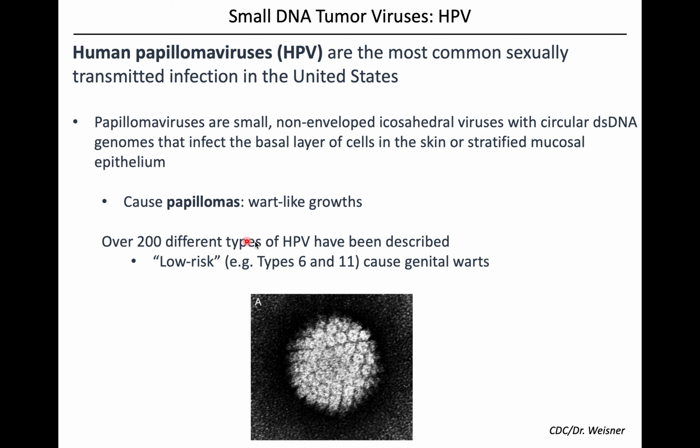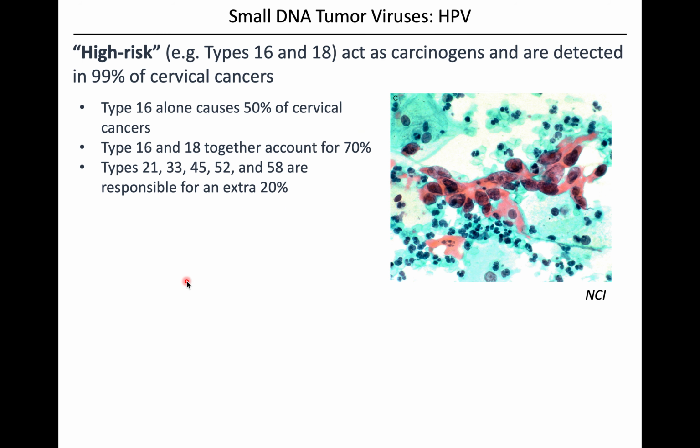There's a lot of different strains of HPV, over 200 that have been identified. So there are some low risk types, meaning low risk for cancer, but they can still cause other issues. And then there are some high risk strains. The highest risk strains are 16 and 18.